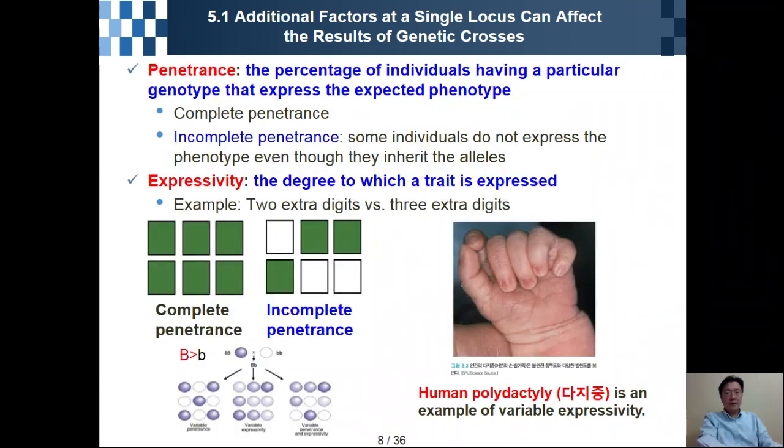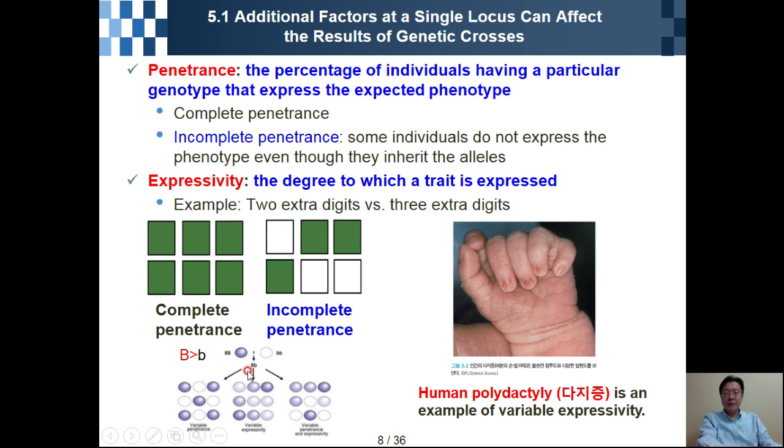Now in this slide we will see other additional factors that affect the result of genetic crosses. One is penetrance and one is expressivity. What is penetrance? For example, large B is dominant over small b.